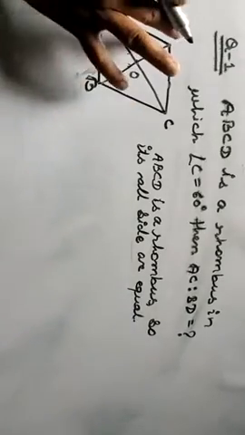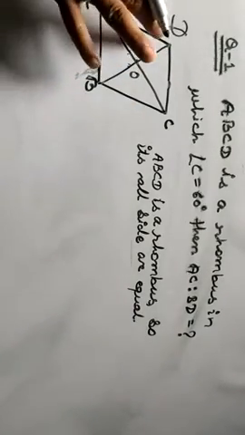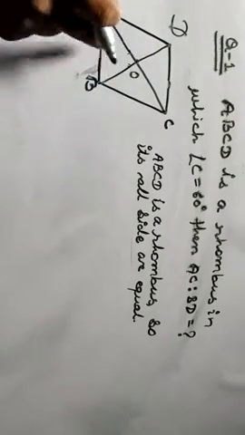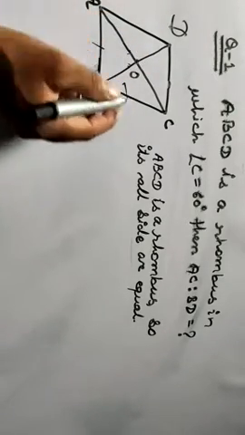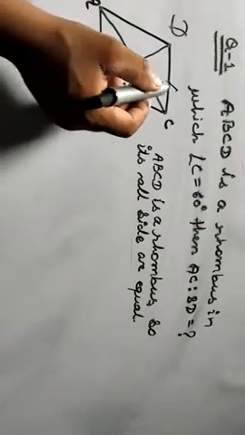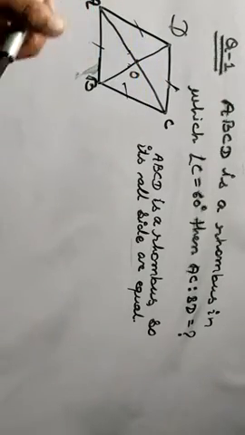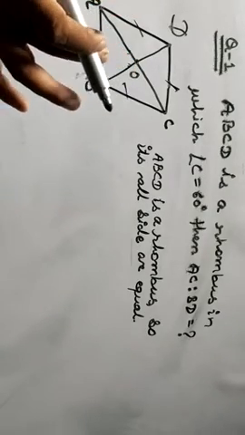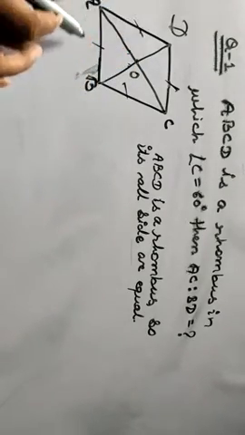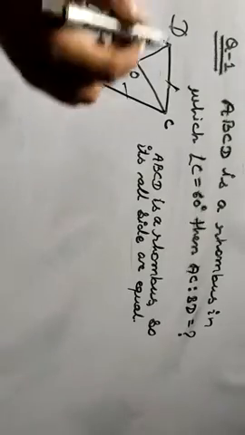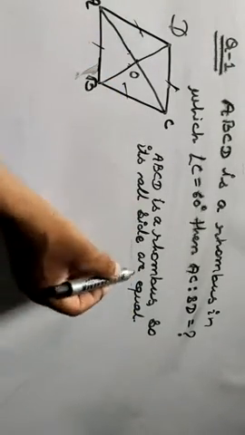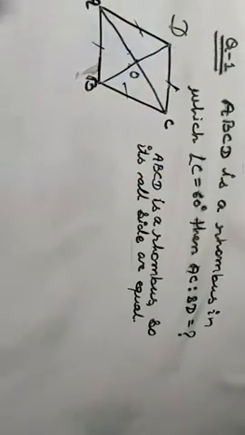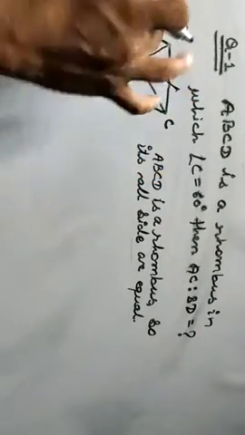In a rhombus adjacent sides are equal. It is not a square, it is only that adjacent sides are equal. ABCD is a rhombus, so all sides are equal, that is AB equal to BC, BC equal to CD, and CD equal to AD.